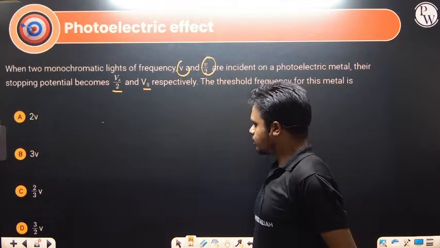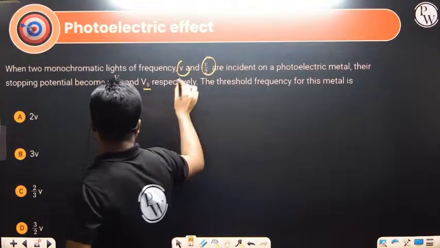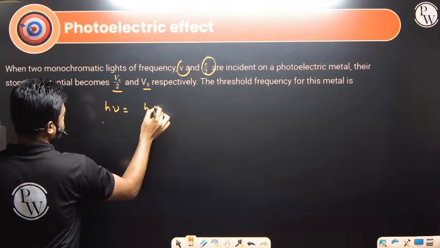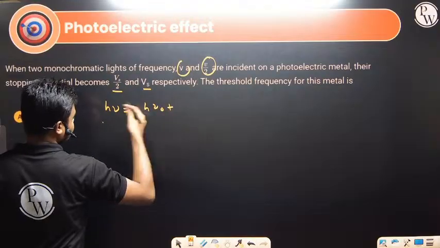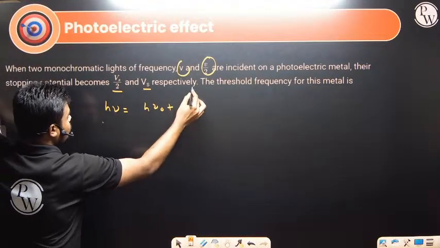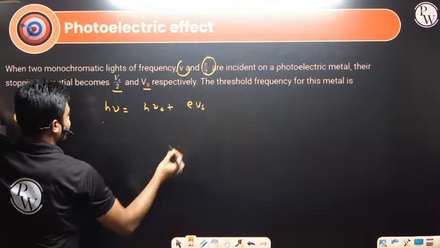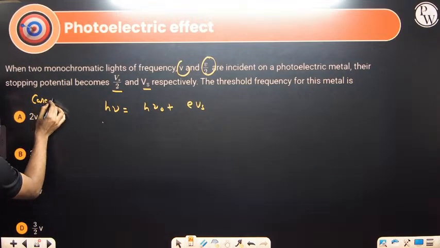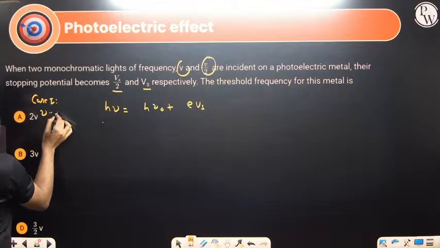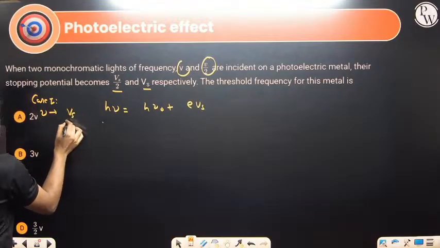So for the threshold frequency in this case, h nu is equal to h nu naught plus eVs. In case one, the frequency is nu and the corresponding stopping potential is Vs by 2.